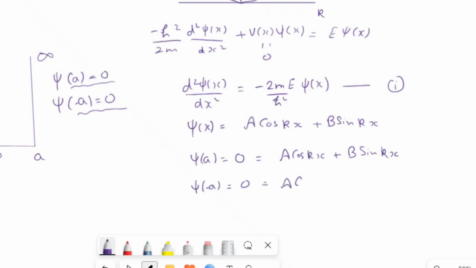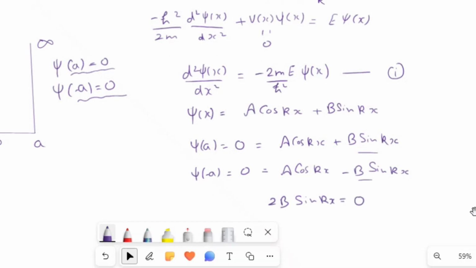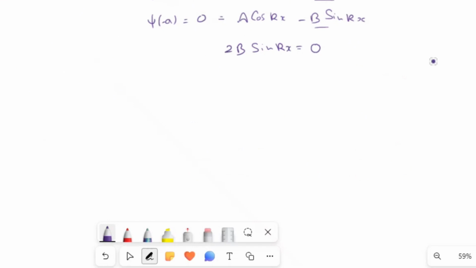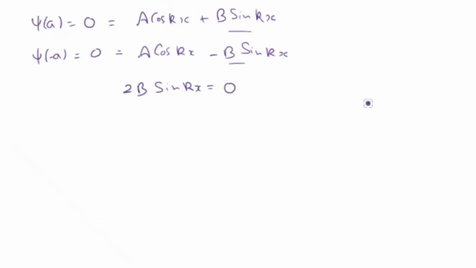This time it is A cos kx minus B sin kx. Now from these two equations we will have 2B sin kx equal to 0. Now this is a constant, so of course this cannot be 0. It means this term will be 0, and for this term to be 0, kx must be an integer multiple of pi. So kx has to be n pi.